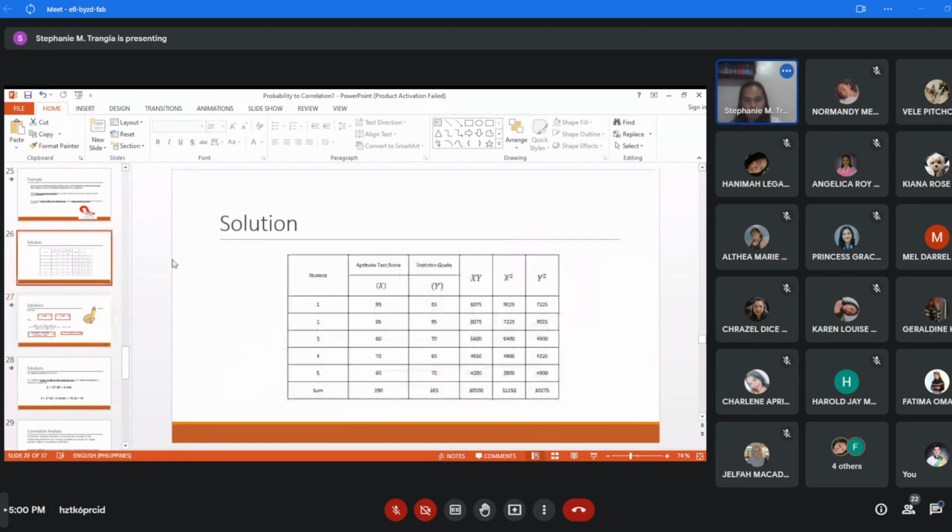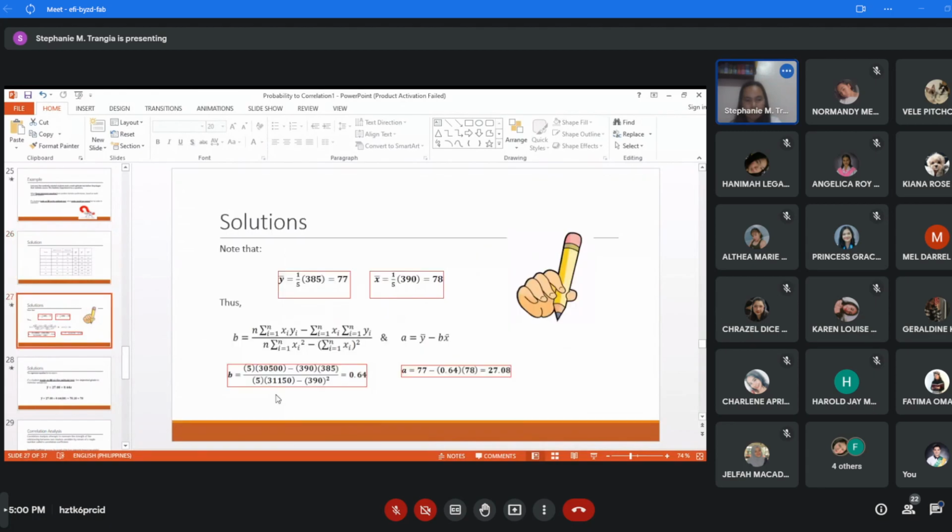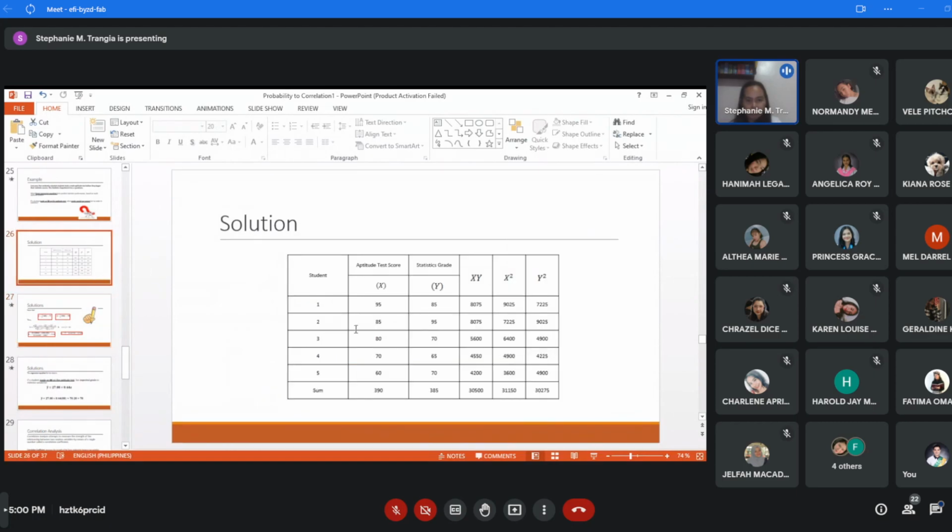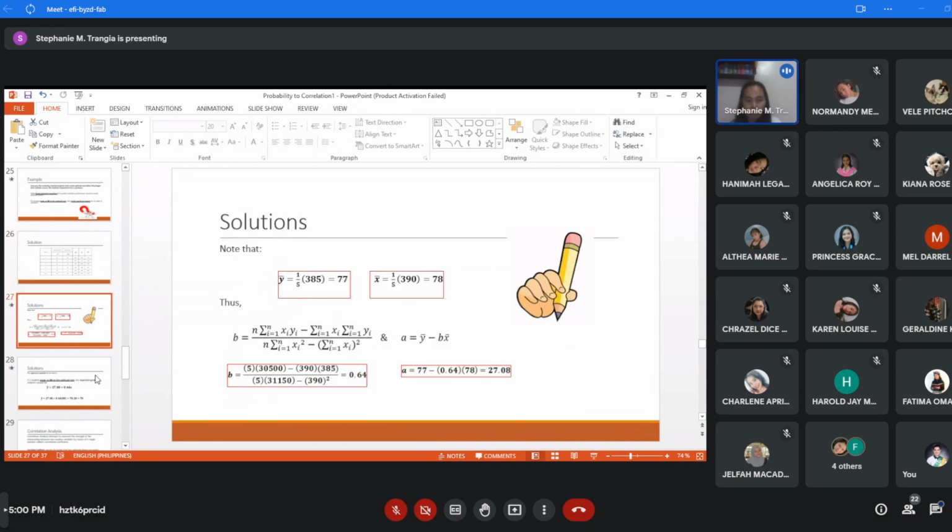Then the summation of Xi square is 31,150, minus the summation of X, that's 390, squared. So you multiply the numerator, then subtract.